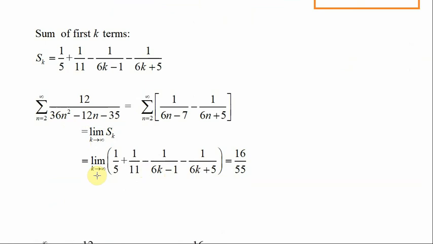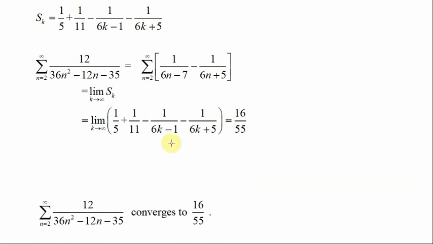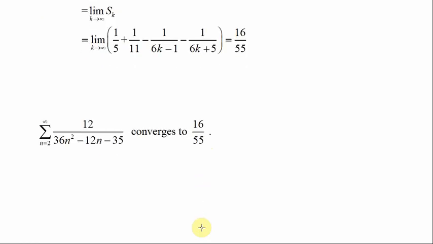And as k approaches infinity, this term approaches 0, and this term approaches 0, so we end up with 16 over 55. So we say that this infinite series converges to 16 over 55. And that's the end of the video.